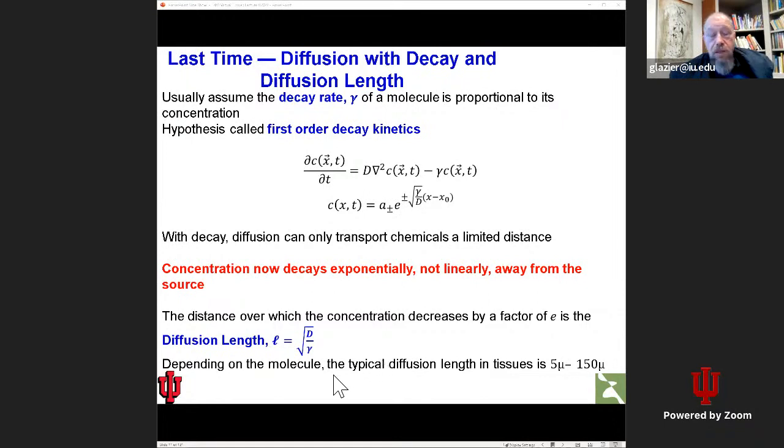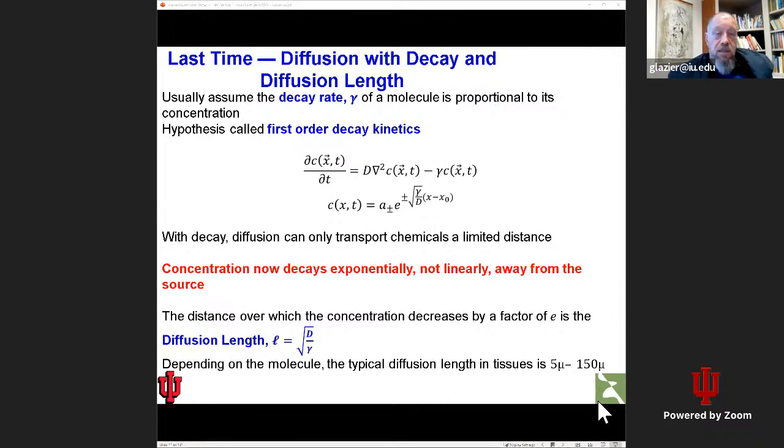We're going to find that for typical proteins, the diffusion lengths range from about 5 microns to about 100 microns. And a typical cell is 10 microns. So things that happen within tissues typically happen over the length scale of 5, 10, 20 cell diameters.